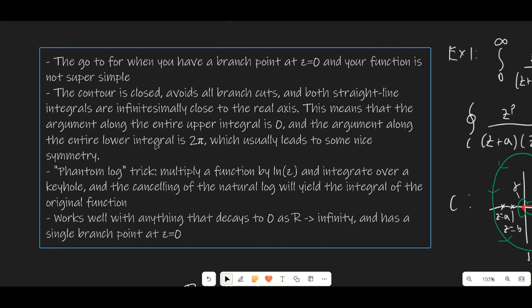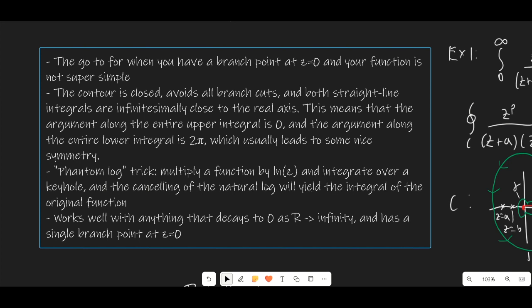But on the lower contour, natural log of z will turn into natural log of x plus 2 pi I. And then when we subtract these two integrals from each other, the natural log of x will cancel, but the 2 pi I will remain. What this means is that once we multiply by this natural log of z, it ends up disappearing and being replaced with the 2 pi I.